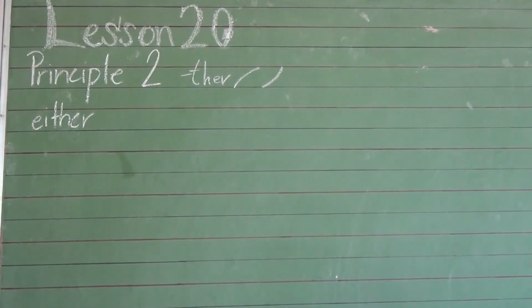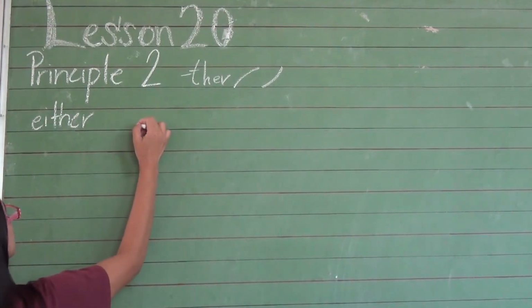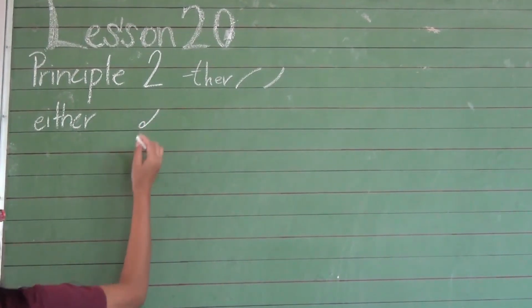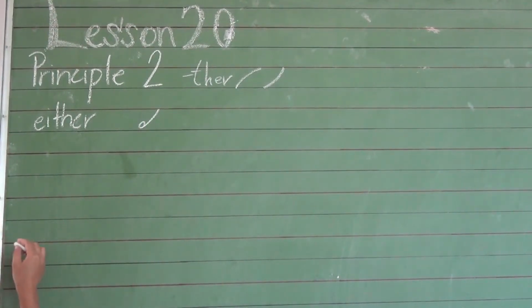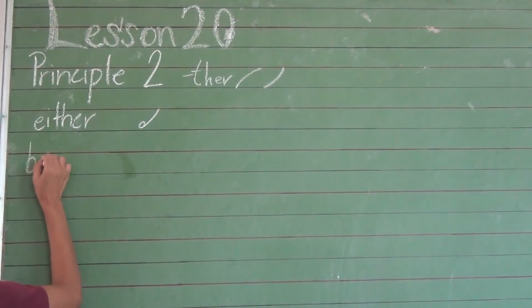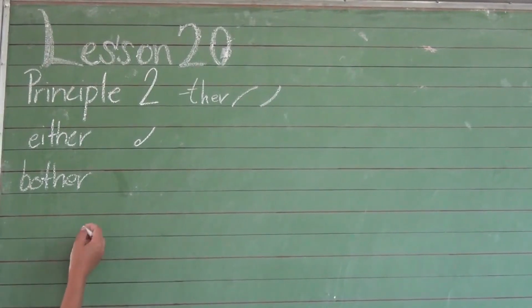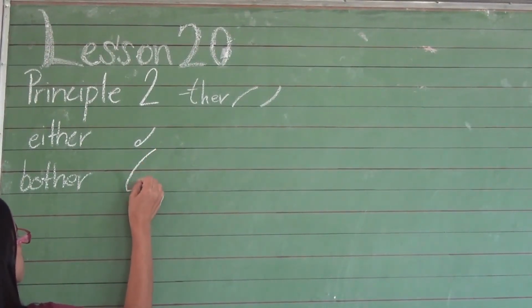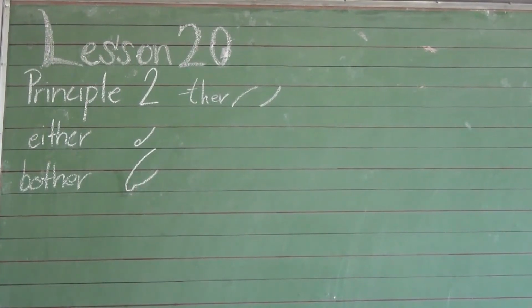It is represented by E stroke and under ITH. Next, bother. It is represented by B stroke, O, and under ITH.